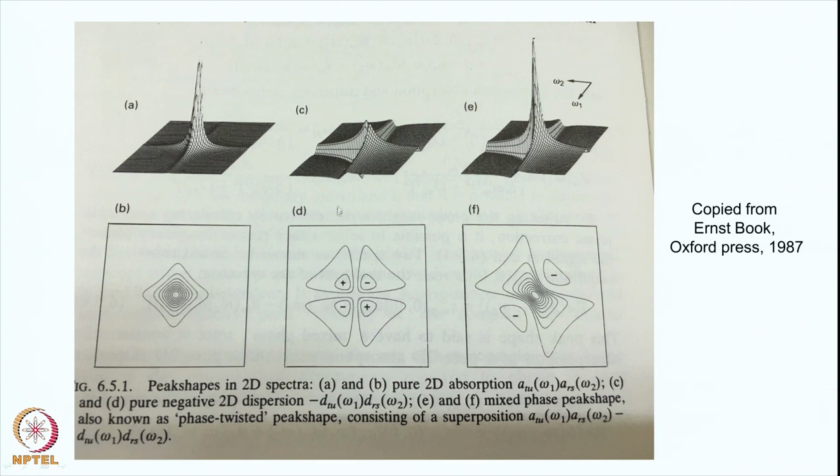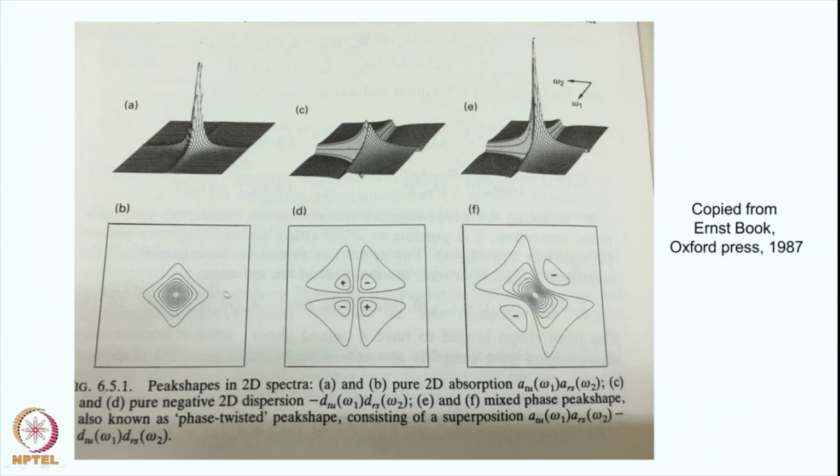The dispersive line shape is of this type, it has a 0 at the center and it has lobes on both the other sides. And therefore this has a very broad signal, and the plus and minus indicate the positive and the negative signals. And here it is a combination of the two, and you have minus here, and this is a very ugly line shape.